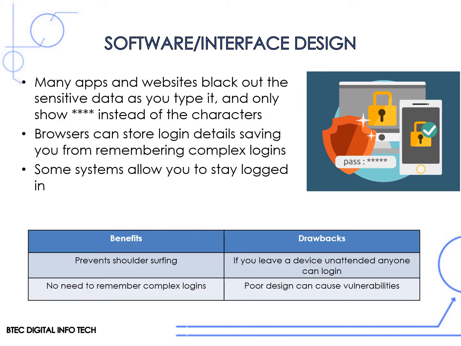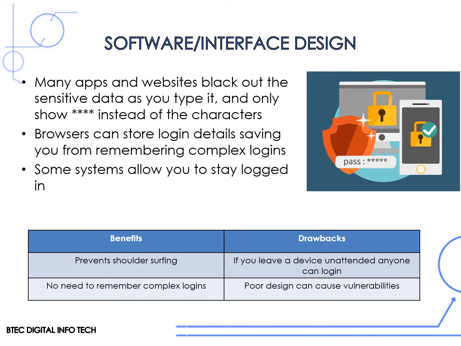With software or interface design, you might sometimes think, how can this possibly be used as a security method? But when we really investigate how, it will become clear. So when you are designing your interface, you can think about what possible security risks you would have. Now, the first thing is that many apps and websites have some sort of login screen.